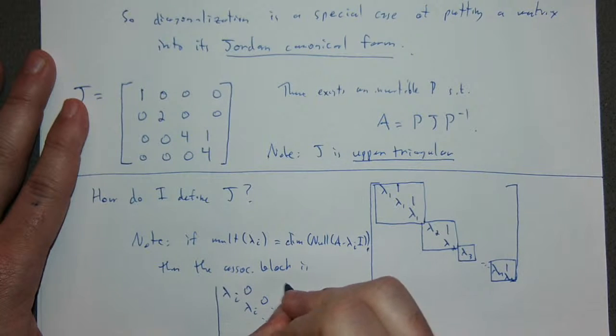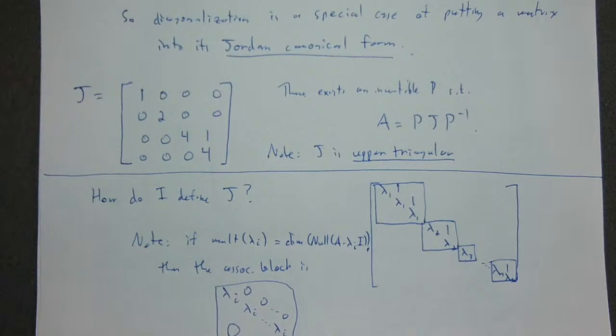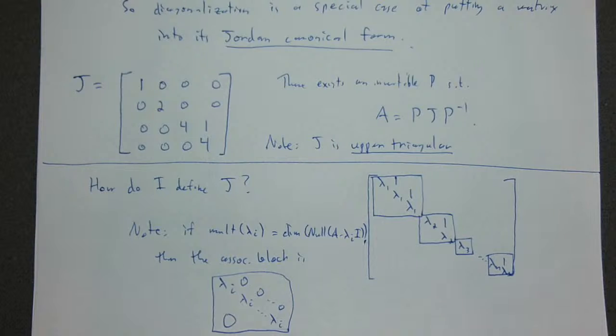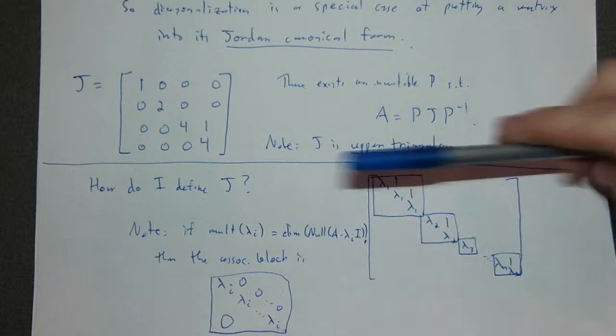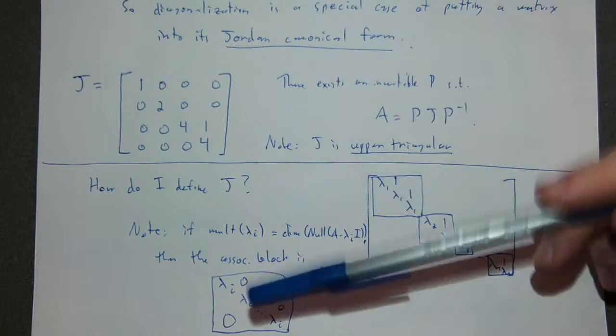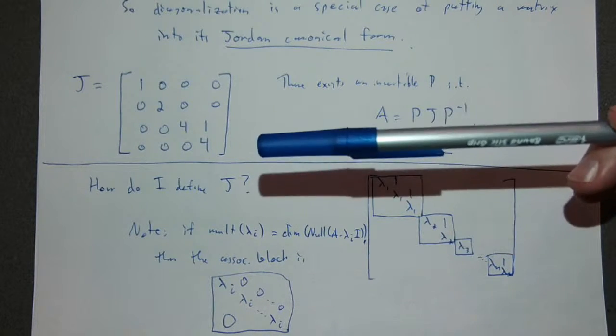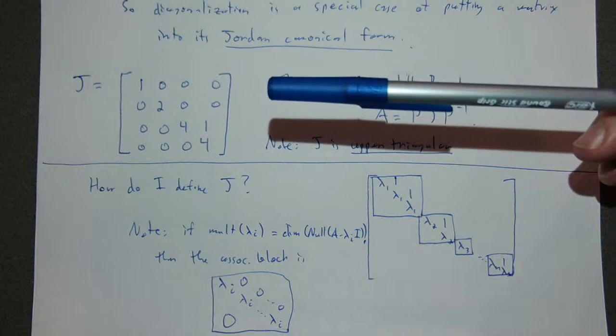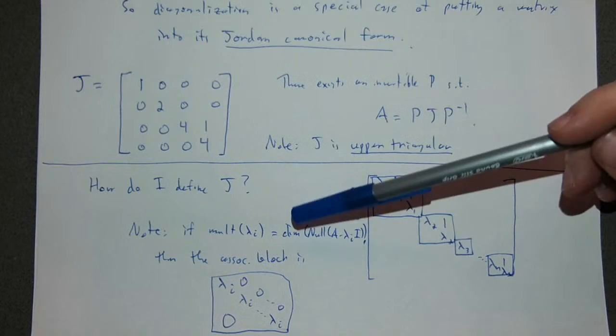All right, and of course there's zeros below. Okay. So in this way, when you actually write out this thing, this is a direct generalization.